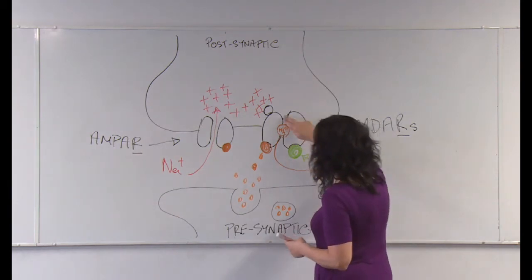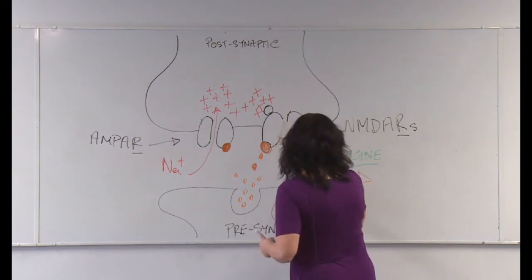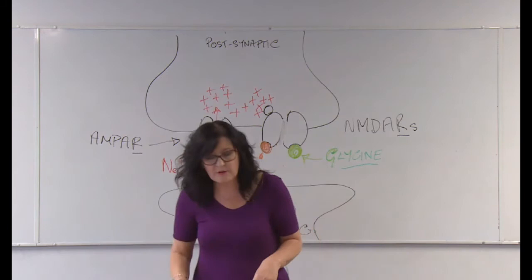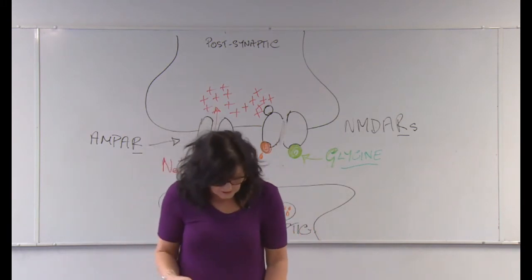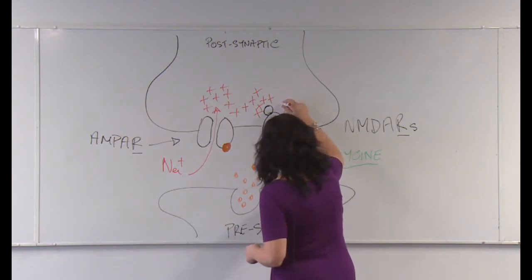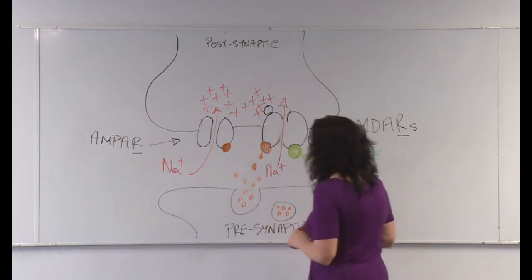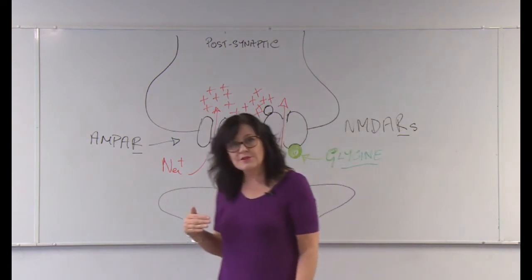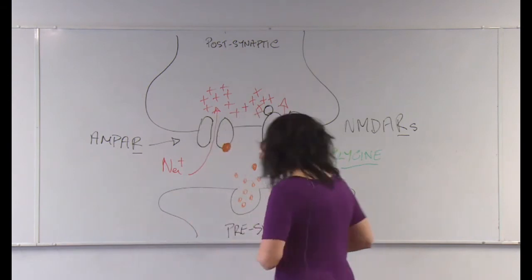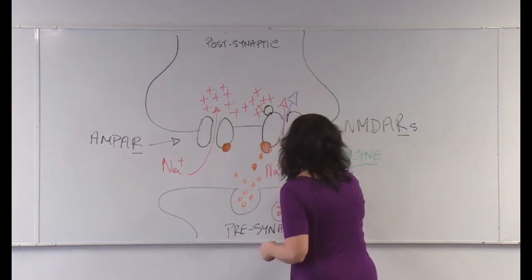Once it's opened the channel, let's get rid of magnesium, off it goes into the distance. The NMDARs also allow an influx of sodium. So we'll have some sodium going in. But not only sodium, they also allow the influx of calcium.